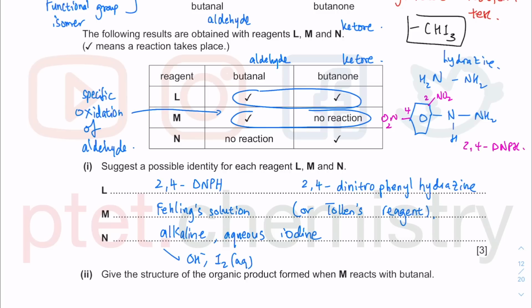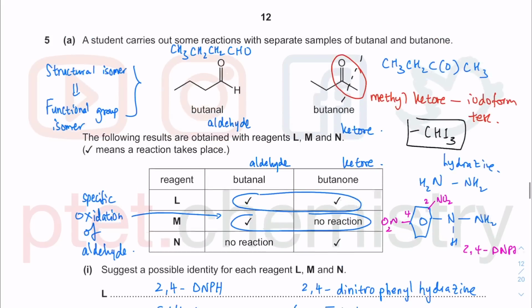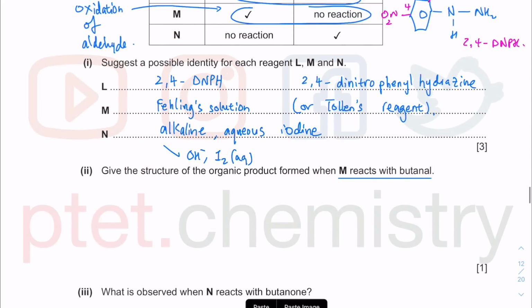Now, when M reacts with butanal, M is going to be the oxidation of this aldehyde. You want the organic product, you don't want the inorganic product, you don't want the copper(I) oxide, you don't want the silver mirror. You want the organic product when you oxidize the butanal. When you oxidize the butanal, you are going to get a carboxylic acid, so a 4-carbon carboxylic acid there.